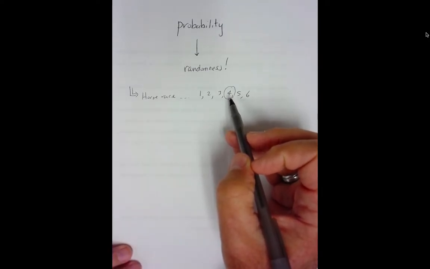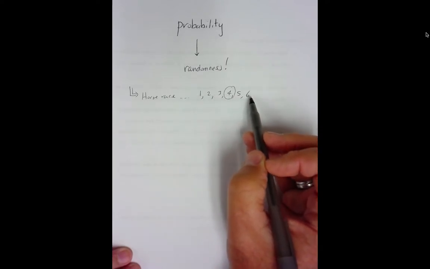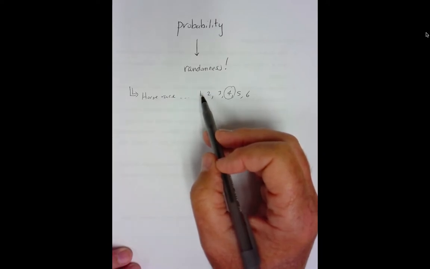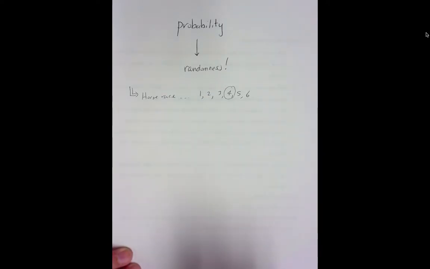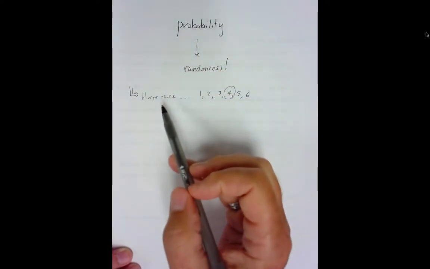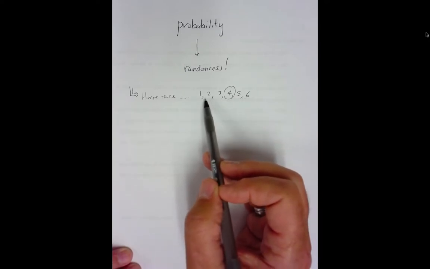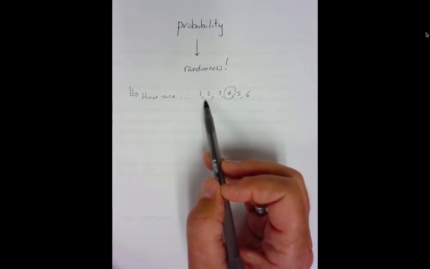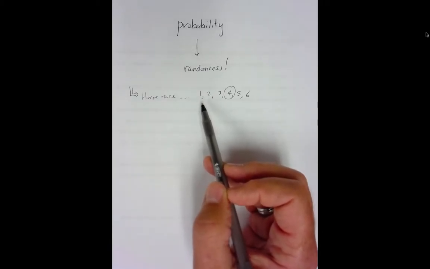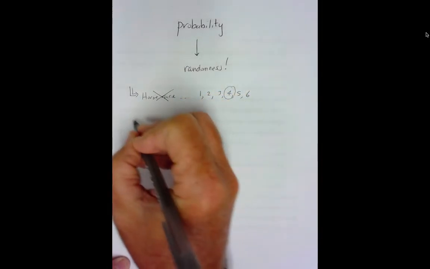Probability doesn't apply to the horse that wins the horse race unless we're determining the winner by putting these 6 numbers in a hat and randomly pulling out the winner. Now, if that's the case, then probability applies. But we know in a horse race that probability doesn't apply because the horses race and there's a jockey that rides the horses and there's all sorts of positioning and things like that. So horse racing does not apply.